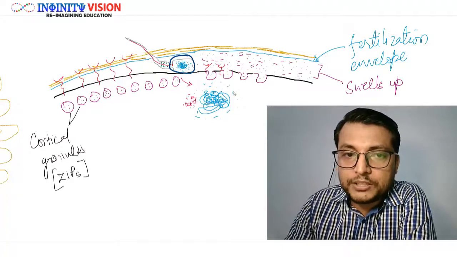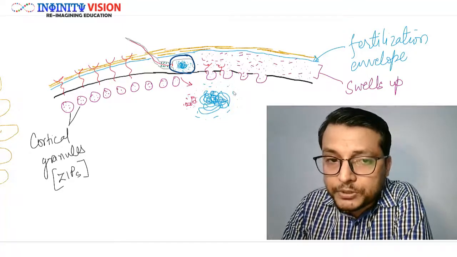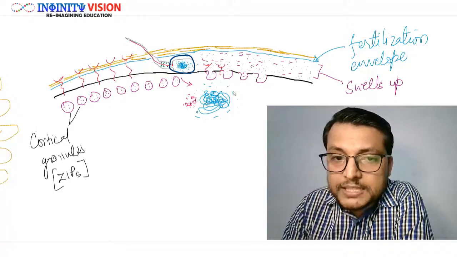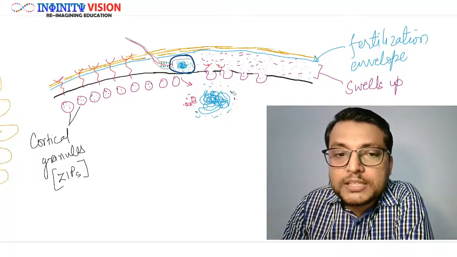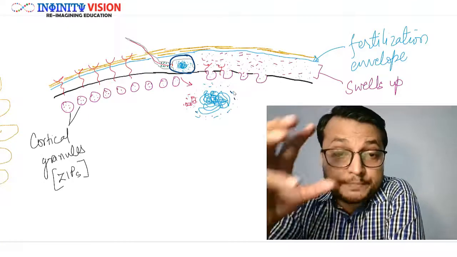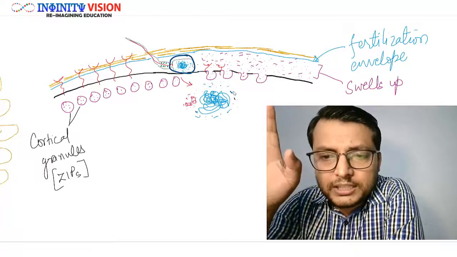Now it has entered. This blue one is the compact genetic material of the sperm, and this is the centriole, and here there is a small amount of cytoplasm of the sperm. So the sperm has brought into the secondary oocyte only these three things. What?